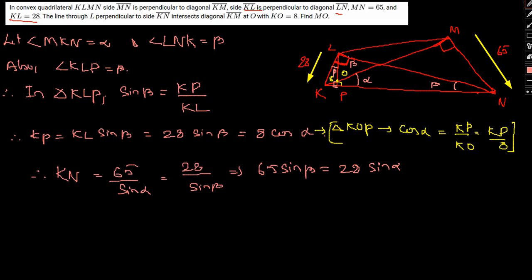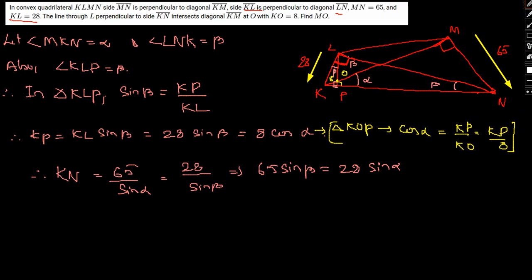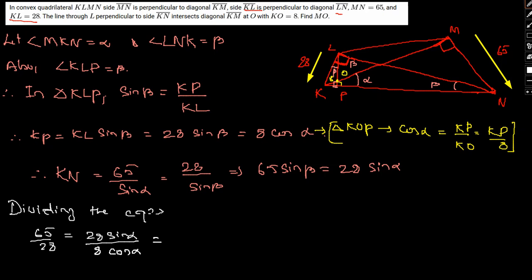Now dividing the equations, 65 by 28 equals 28 sine alpha by 8 cos alpha, equal to 7 by 2 tan alpha.